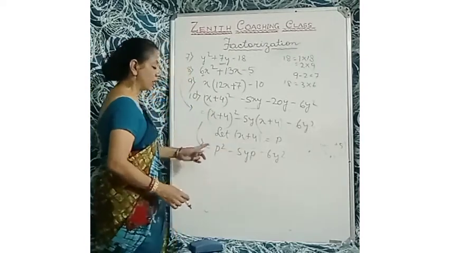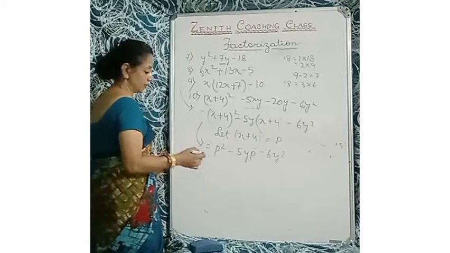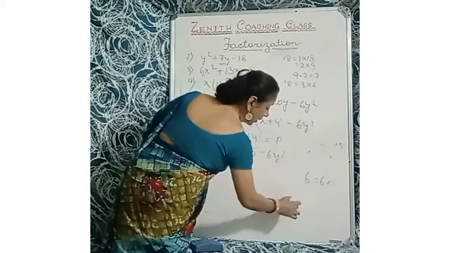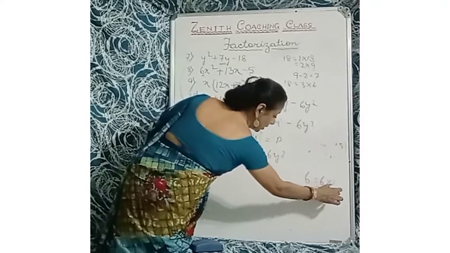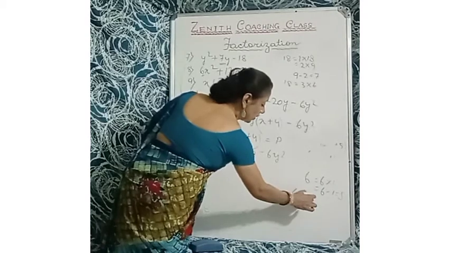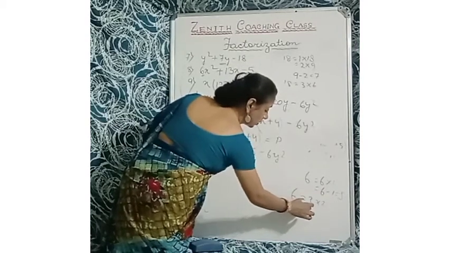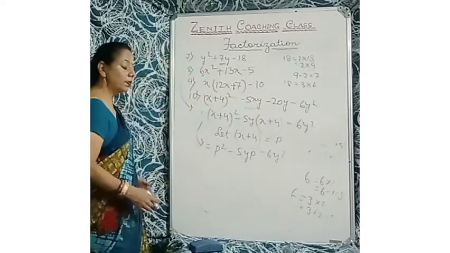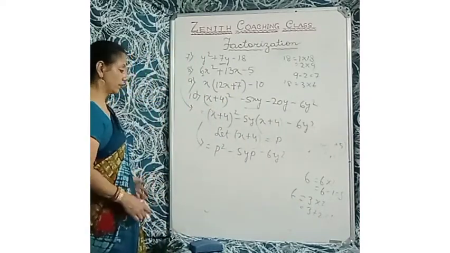Here is nothing, that is 1. So you have to factorize 6. 6 equals 6 multiplied by 1, and 6 minus 1 equals 5. You can take it. And 6 equals 3 multiplied by 2. So 3 plus 2 equals 5. So both give 5. What should I do?